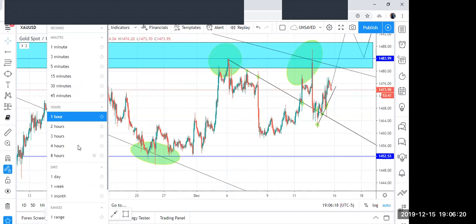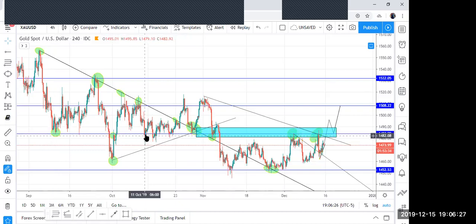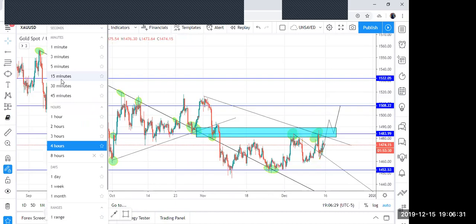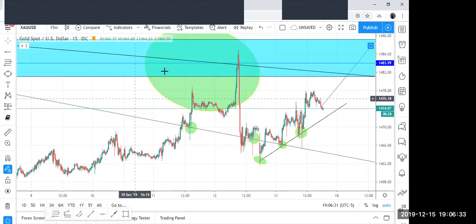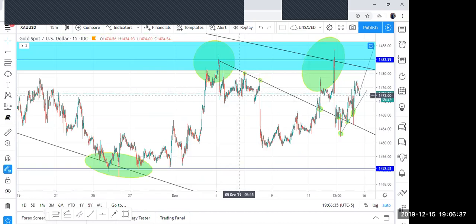So I promise you, if you go on the 4-hour and you see where price has been finding support and you see where price finds resistance, you can always work your way down to the 15-minute and possibly enter that trade from the 15-minute if you have some kind of confirmation. So someone give me a pair. Let's just spit out a pair.